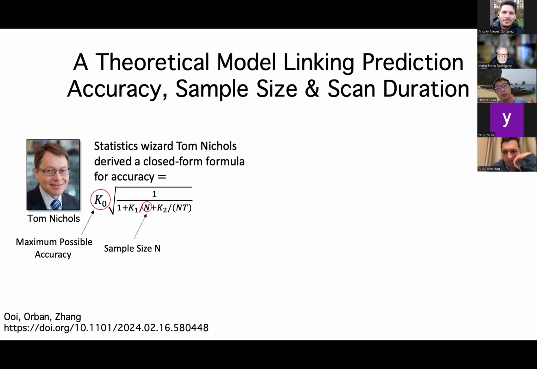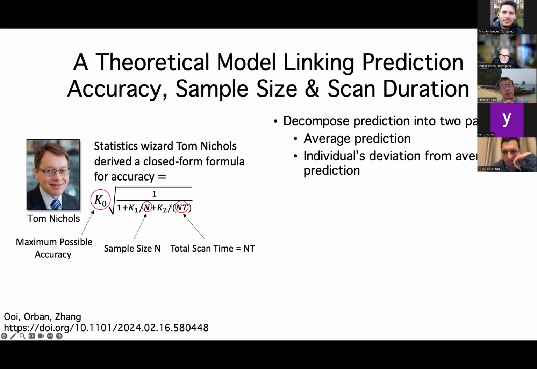There's a term containing just sample size N, and a second term NT, which is total scan duration, sample size N times scan duration T per participant. If you look at this, as we increase N and T to infinity, this square root term goes to 1, and we achieve the maximum possible accuracy K0.